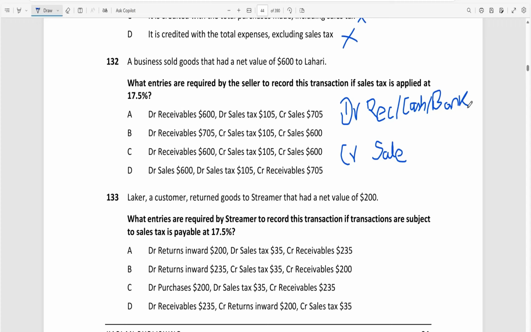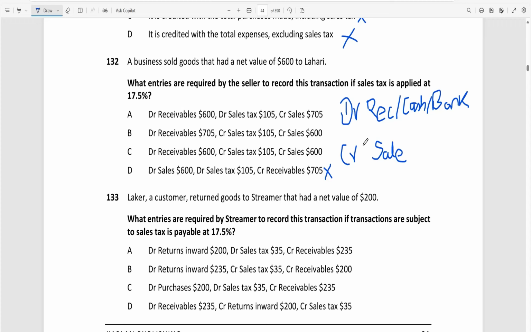Now, to figure out the option, let's forget about the amounts. If we look at the credit side, only three options have sales. So the last one is already omitted out of the four options. Now the question has also asked for the sales tax.